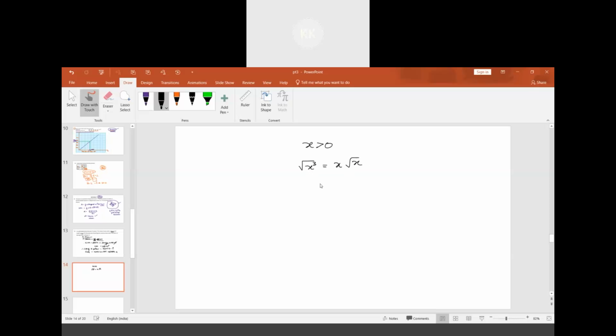Number 1 is x to the power 1 by 2. Second is x into root of x. Third is x squared multiplied by x to the power of minus 1 by 2.